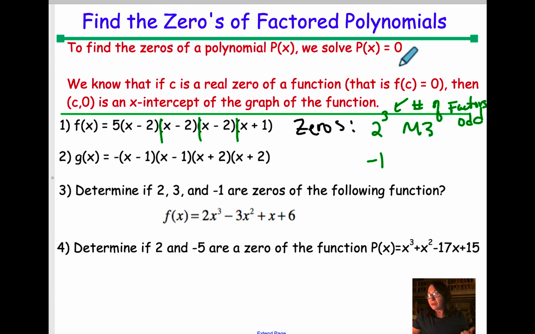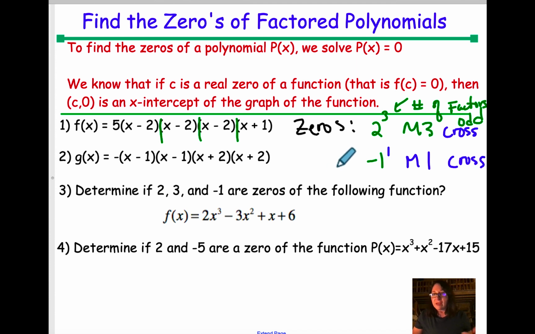That means that my graph, whatever it's doing, is actually going to cross my x-axis. That's what's happening, okay? And in this one, see how I have a factor of -1, one of those? That means I have a multiplicity of 1. Also, I'm going to cross.